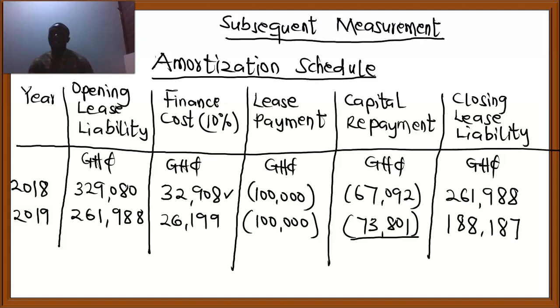When you subtract them, you get a difference of 73,801. That is the current lease liability. So the current lease liability for 2018 is 73,801, and the non-current one is 188,187. When you sum up the two, you are going to get 261,988.